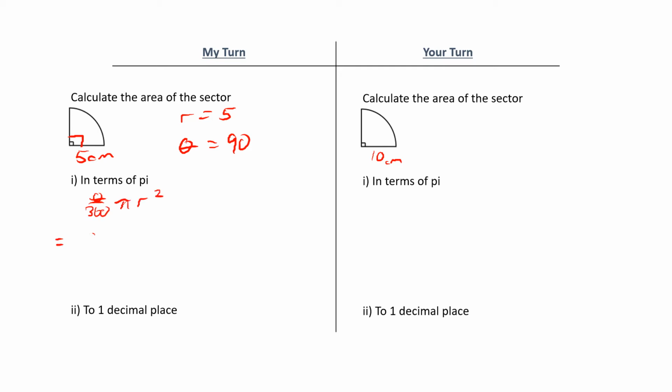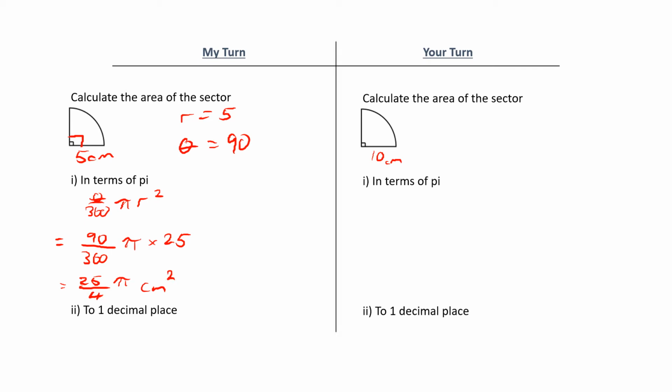So it's 90 divided by 360 times pi times radius squared, 25. That'll give us 25 over 4. That'll simplify to a quarter, so 25 over 4 pi. You can leave it just like that. And my units this time, not centimeters, centimeters squared.